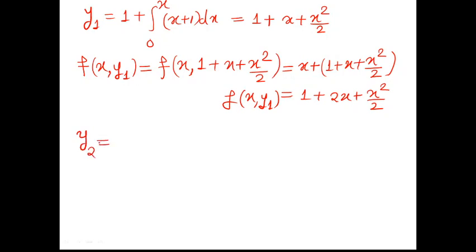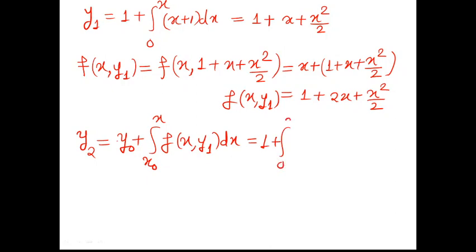So what is y2? The formula for y2 is y naught plus integral from x naught to x of f of x,y1. And just now we have obtained the value of f of x,y1, which we will substitute directly here. So y naught is 1 plus integral from 0 to x of 1 plus 2x plus x square by 2.